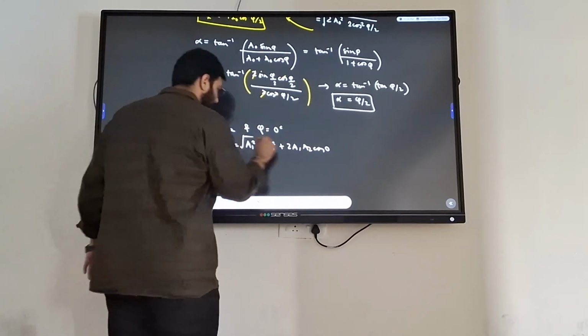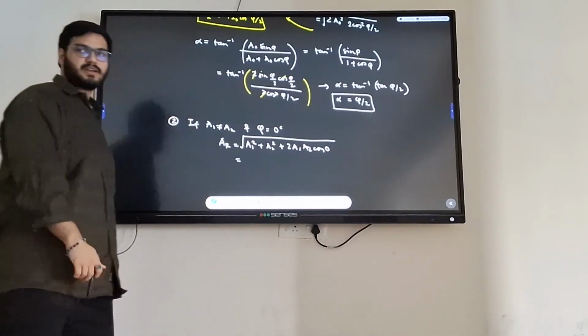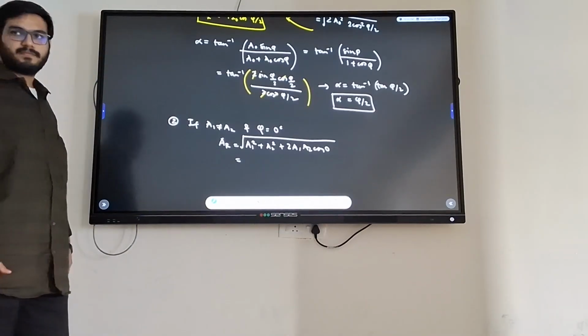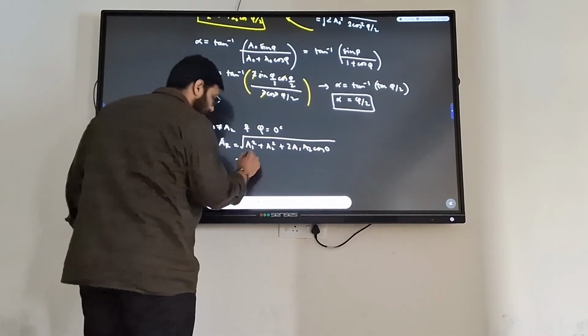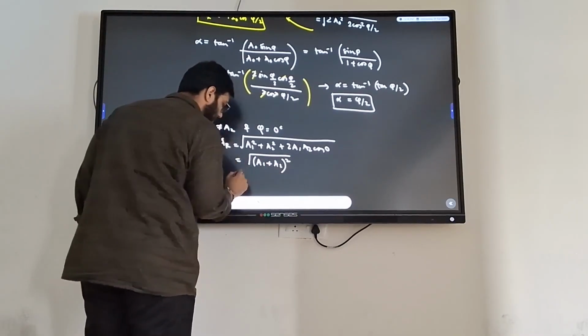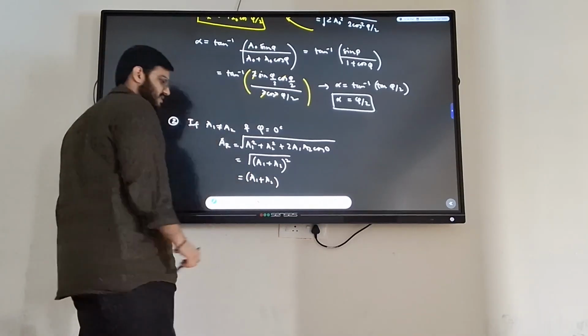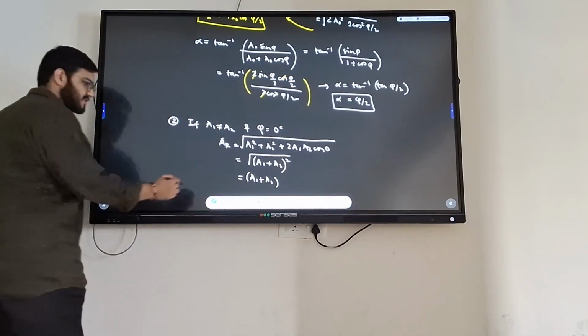But what is cos 0? That's 1. So you get A1 square plus A2 square plus 2A1 A2. What is that equal to? A1 plus A2 the whole square, take the root. In that we will get A1 plus A2. Is it okay? This is the AR.